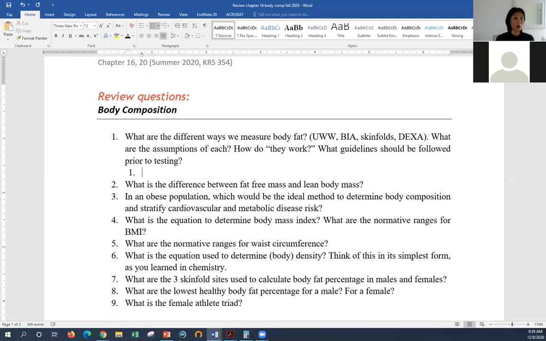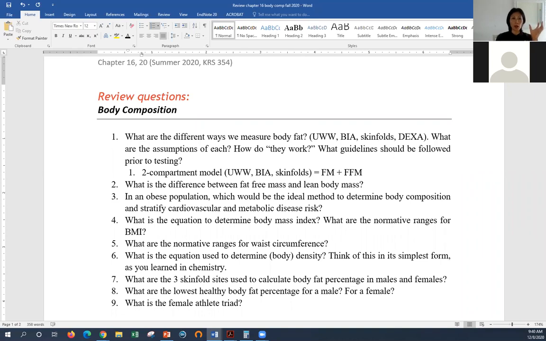So first of all, underwater weighing, BIA, and skin folds are a 2-compartment model. 2-compartment model meaning we are separating the body into fat mass plus fat-free mass.